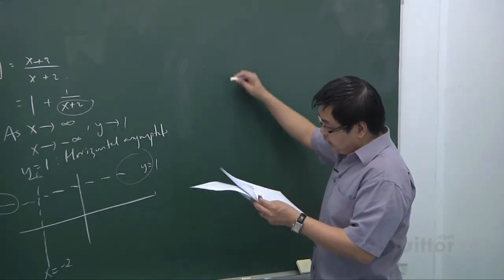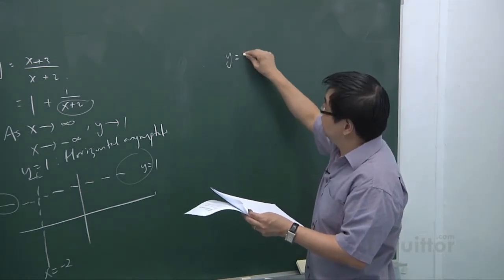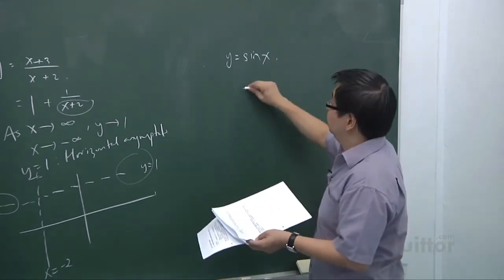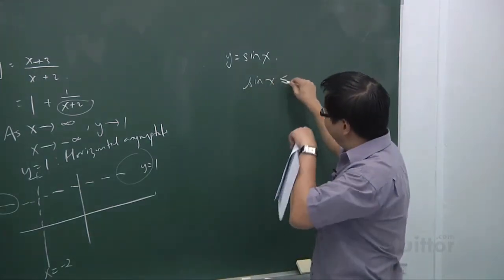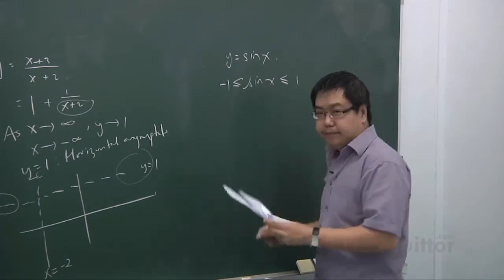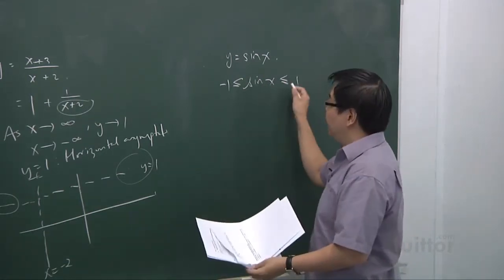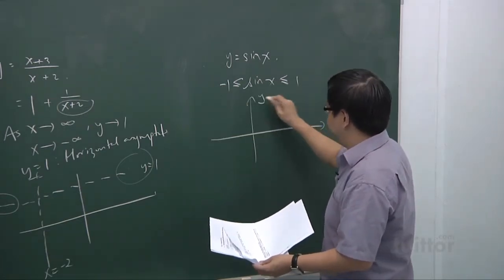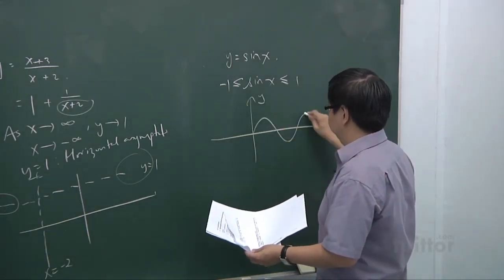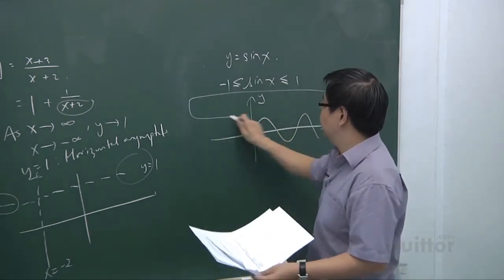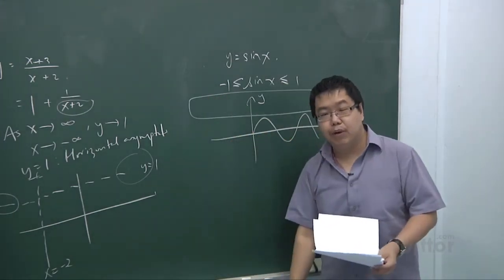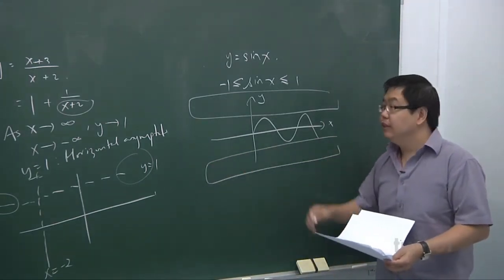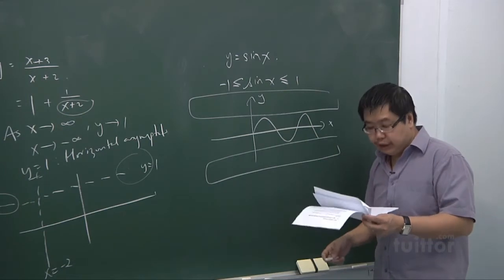For example, in the graph of y equals sine x, we all know that sine x is always between minus 1 and 1. So this is in a way a restriction. If you are to sketch a graph of sine x, there will be no graph above y equals 1, and there will also be no graph below y equals minus 1. So in a way, it's a restriction.